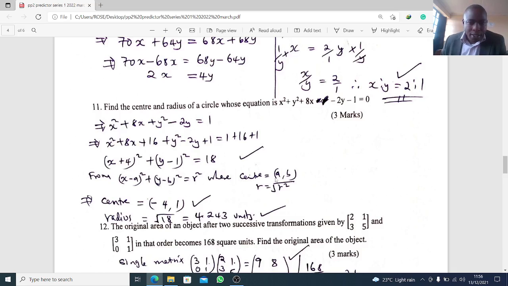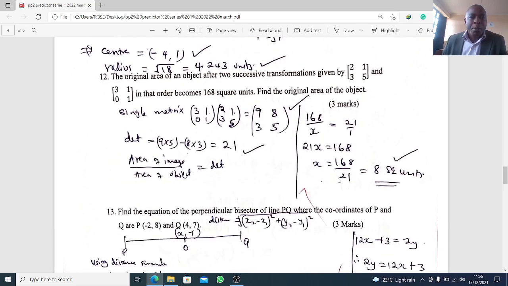So where the center is a, b and the radius is the square root of r squared, the center from this equation is negative 4, 1, and the radius is the square root of 18, which is 4.243 units. Number 12.